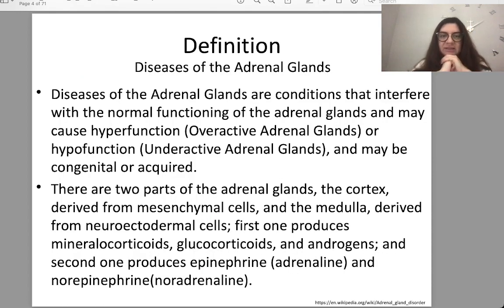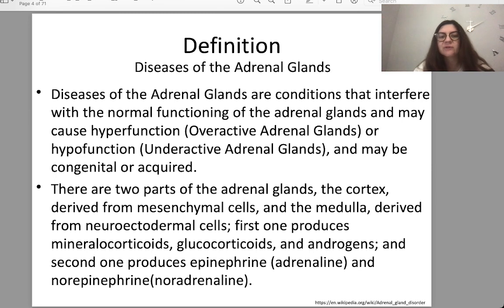Definition. Diseases of adrenal glands are conditions that interfere with the normal functioning of adrenal glands and may cause hyperfunction, or overactive adrenal glands, or hypofunction, with underactive adrenal glands, and may be congenital or acquired.